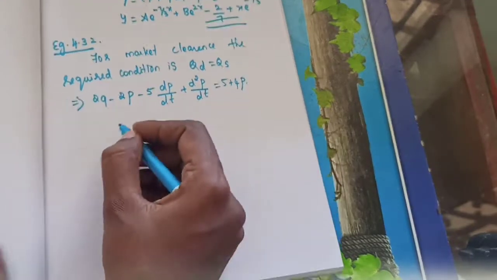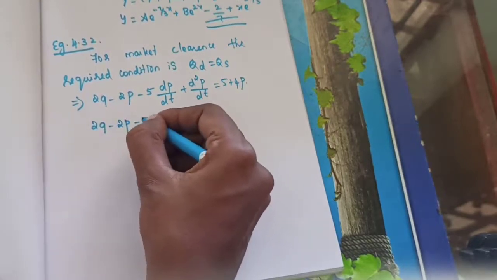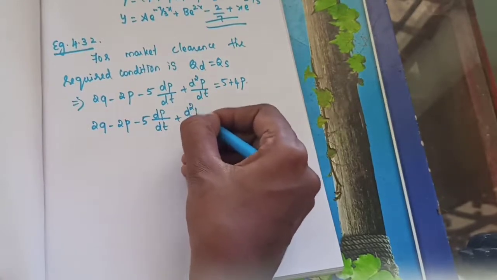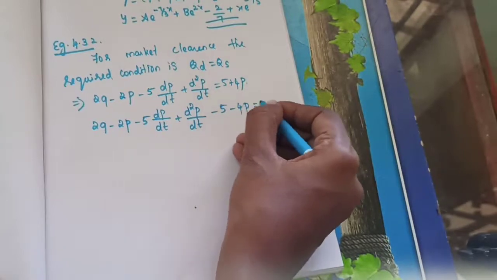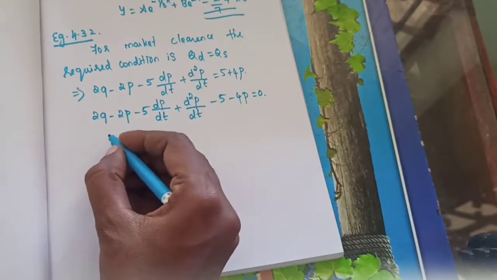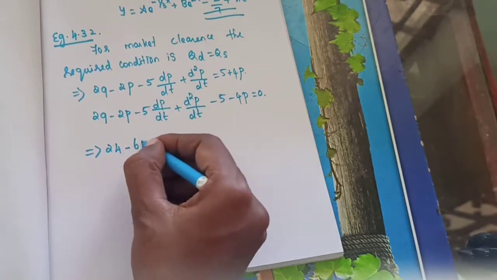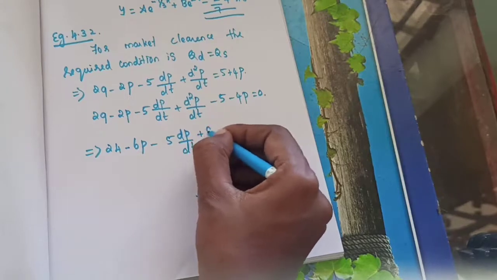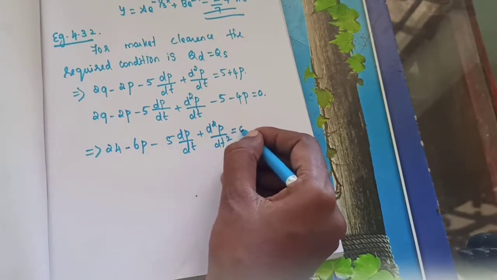Bring all the terms to one side: 29 minus 2p minus 5 into dp by dt plus d square p by dt square minus 5 minus 4p equals 0. Combine and write down: 24 minus 6p minus 5 into dp by dt plus d square p by dt square equals 0.